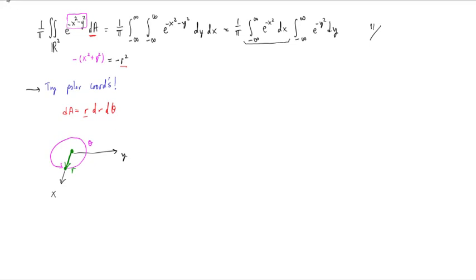Okay, so no matter what our r is, we're going to trace out these little disks from 0 to 2 pi, and then we can expand these disks by letting r go to infinity. So r is going to go from 0 to infinity in the polar sense.